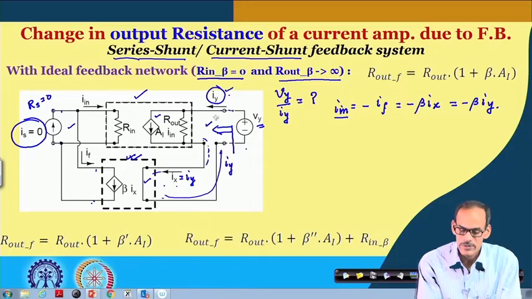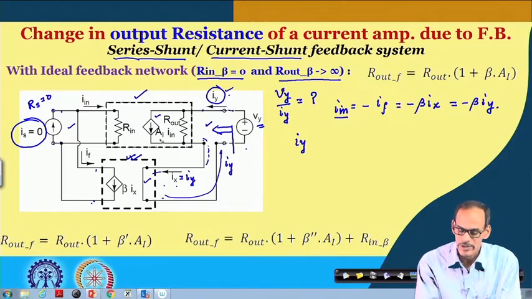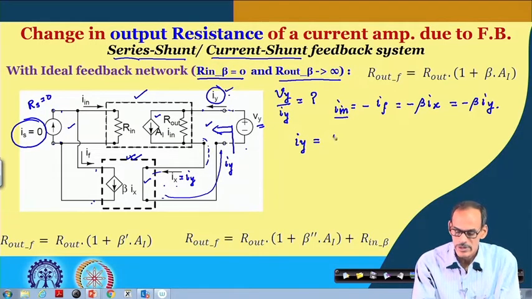On the other hand, if I want to know the corresponding current I y, here we have two current components. One is the internal current A I multiplied by I in, and the other is the current flowing through this resistance R out, where the voltage drop across this resistance is V y.